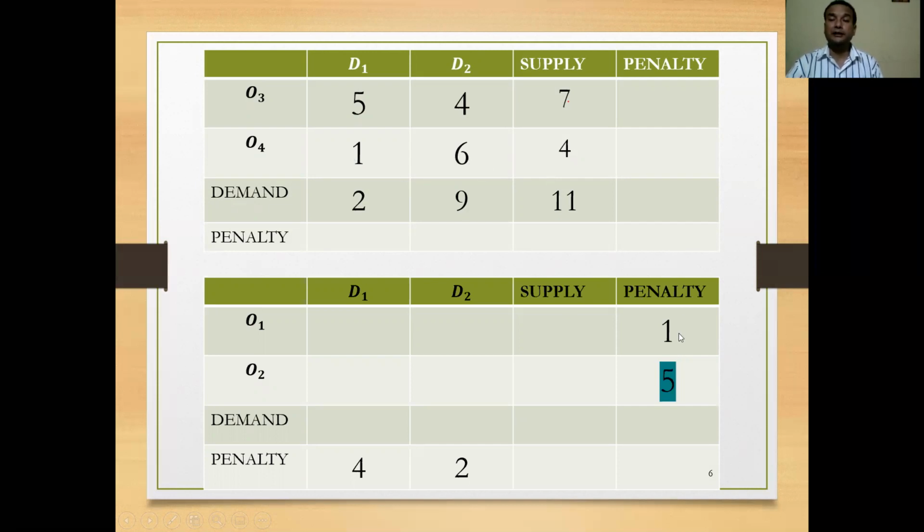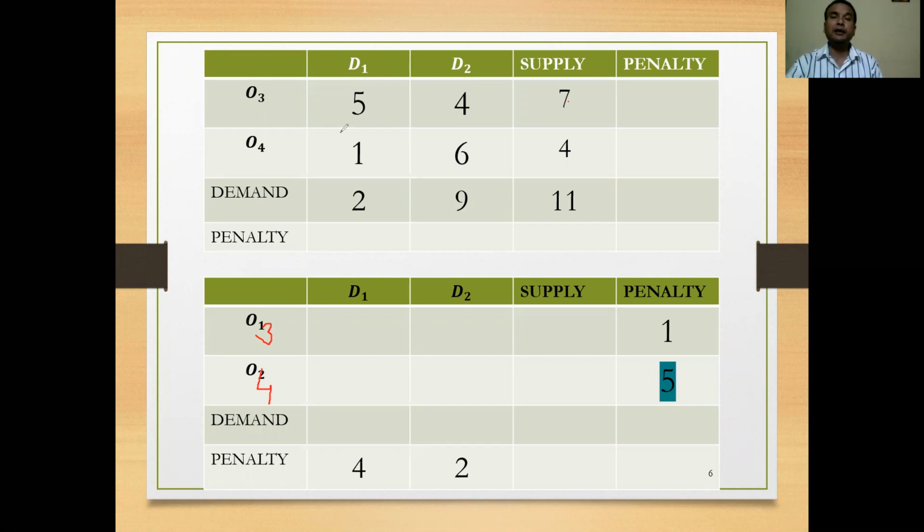So here this penalty is 1, this penalty is 5, 4 and 2. Maximum penalty is 5. And this penalty is in origin. There is a mistake. It should have been origin 4, and it should have been origin 3. So origin 3 and origin 4.